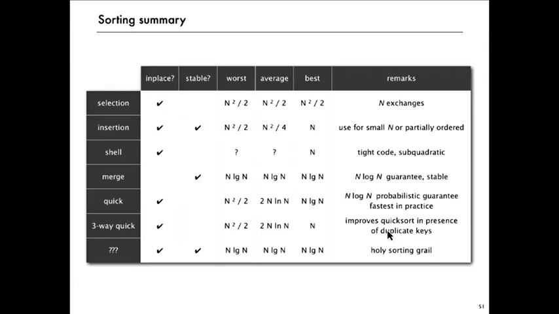And it's interesting to note, we've looked at important and classic algorithms that are widely deployed, but we don't have a useful practical algorithm in wide use that's got all of these characteristics. That's in place and stable, worst case n log n. There are versions of merge sort that come close, but they're too complex for practitioners to have adopted them.